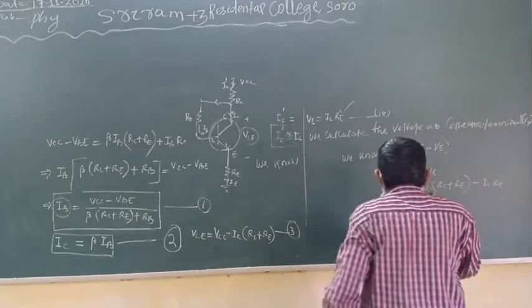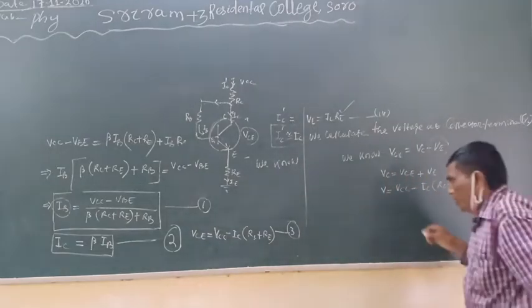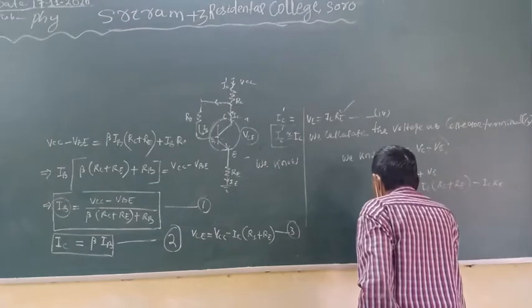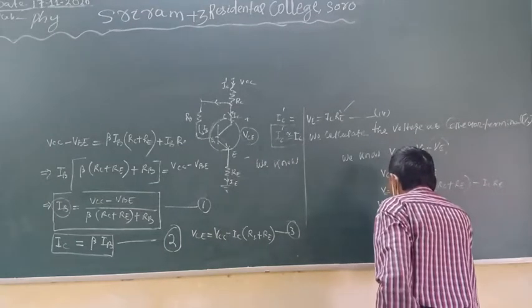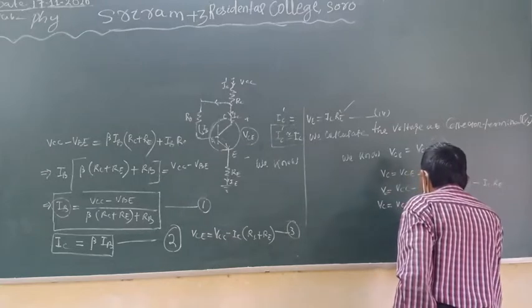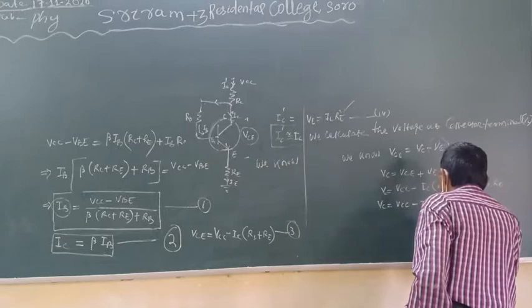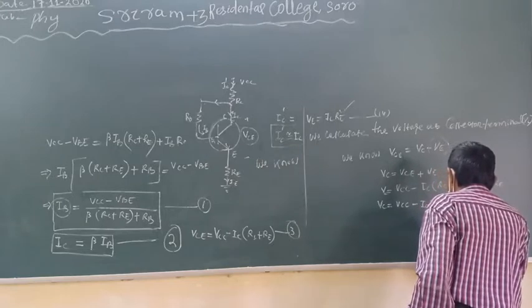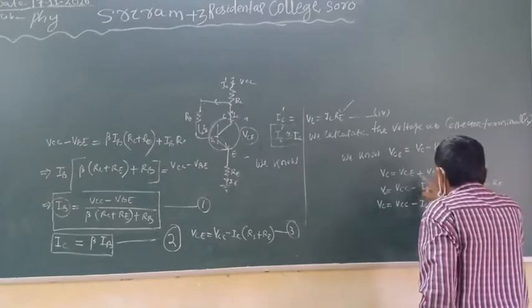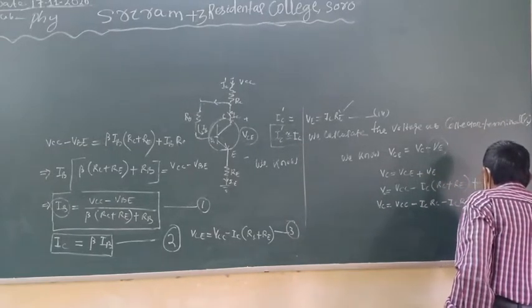Now we remove this bracket, then we get VC equal to VCC minus IC RC minus IC RE plus IC RE.